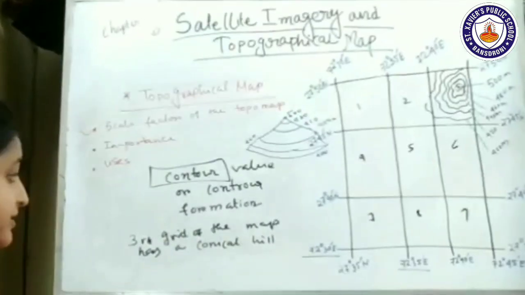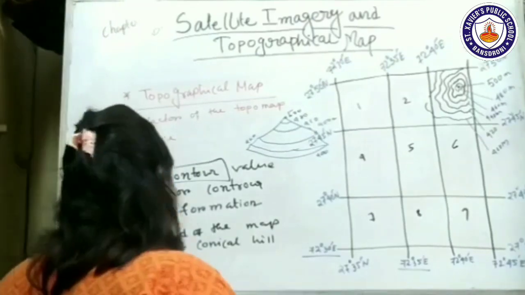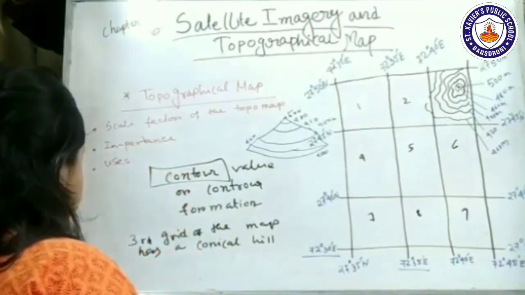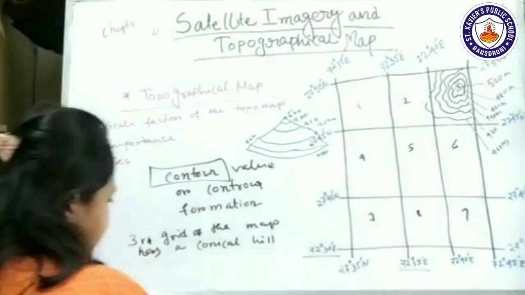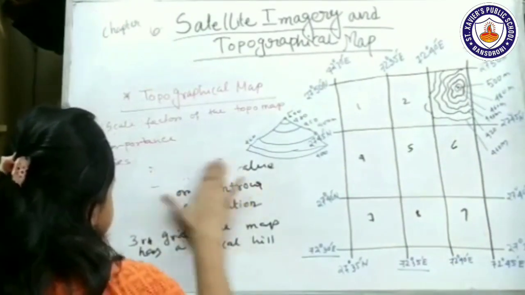Without scale we can't draw any map. So it has a particular RF value for the topographical map.